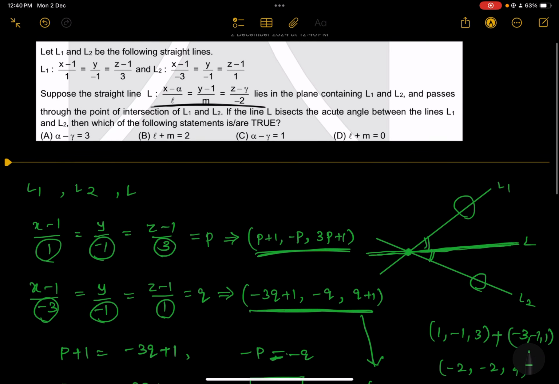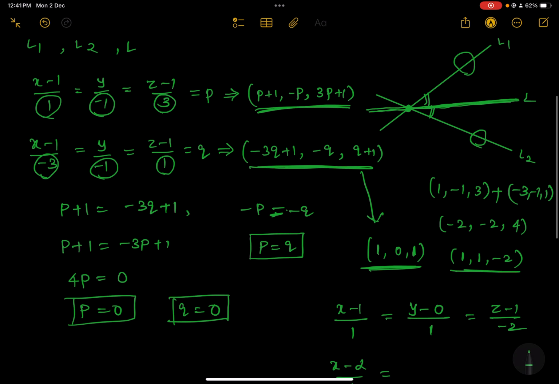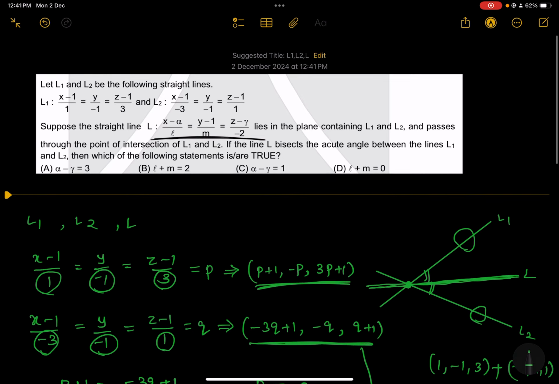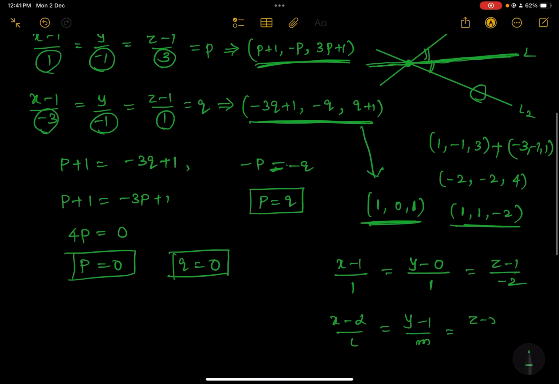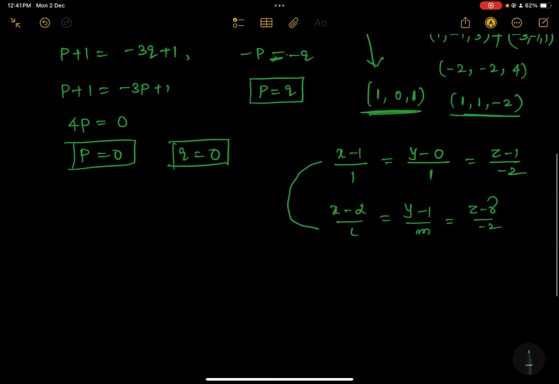But what is the equation given in the question? (x minus alpha) by l is equal to (y minus 1) by m is equal to (z minus gamma) by minus 2. So this is the equation we got and this is the equation given in the question.